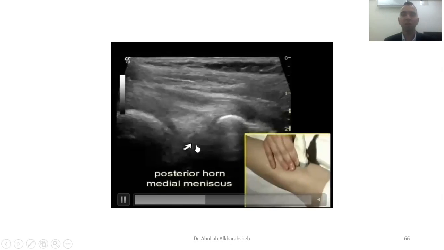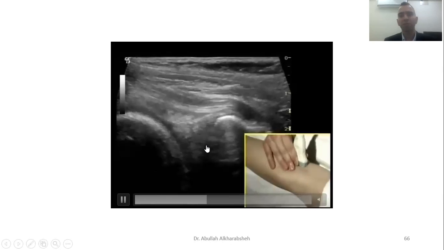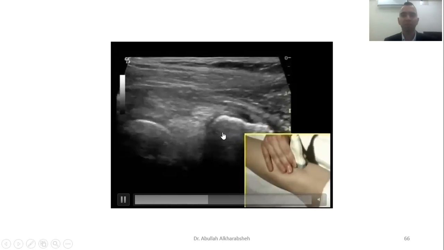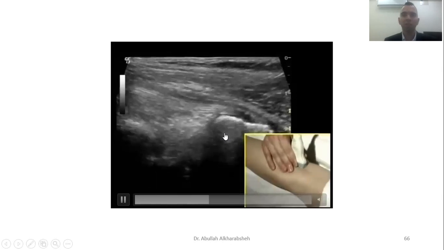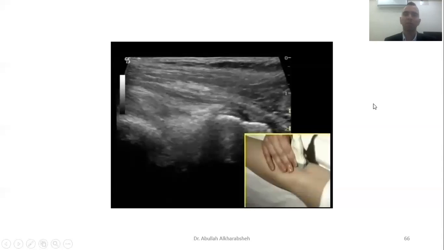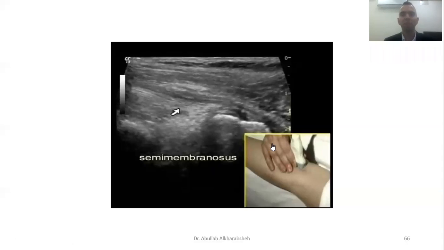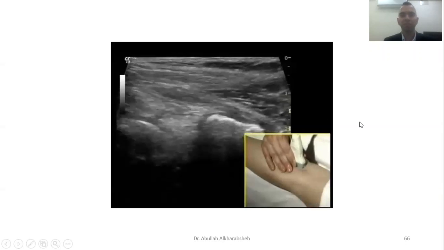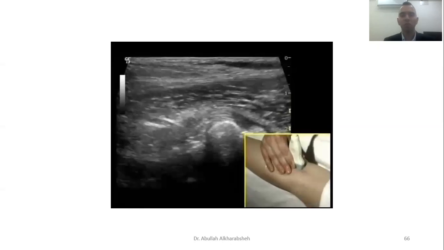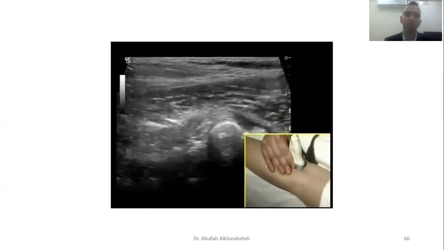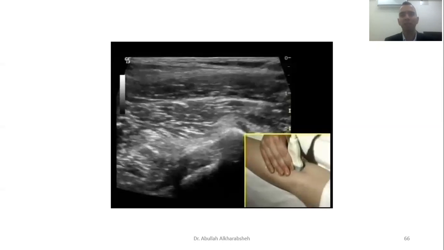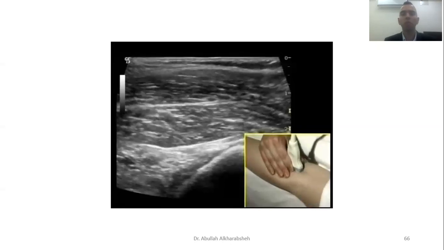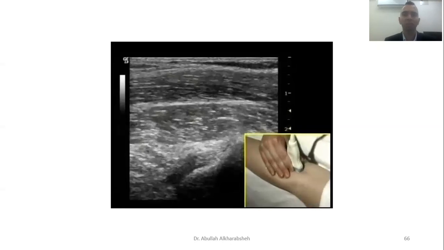This is the posterior horn of the medial meniscus. This is the semimembranosus muscle and tendon. So always we have to scan the structures slowly, in longitudinal and short axis view.